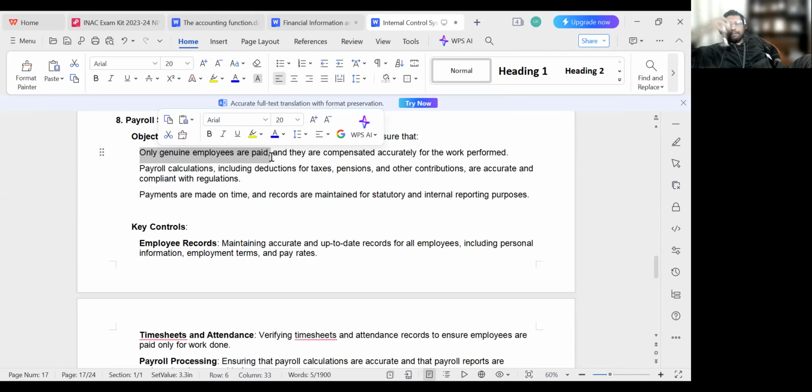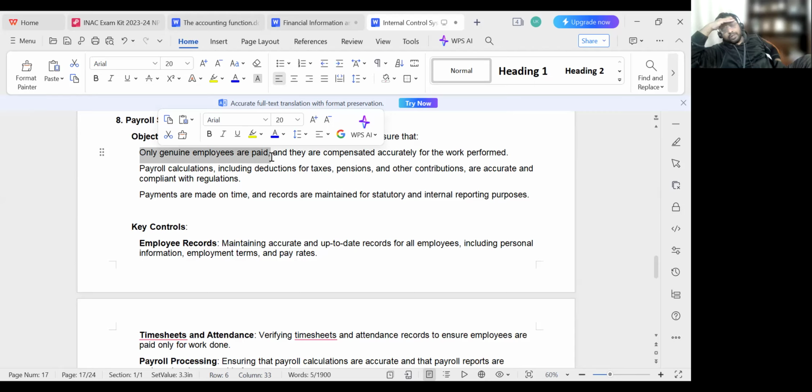So some member has added a fictitious employee, and they are getting the salary of that employee every month, right? So you want to make sure that only genuine employees are paid and they are compensated accurately for the work performed.